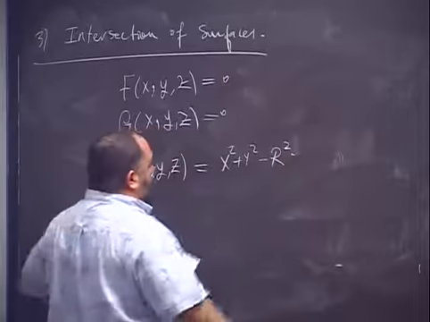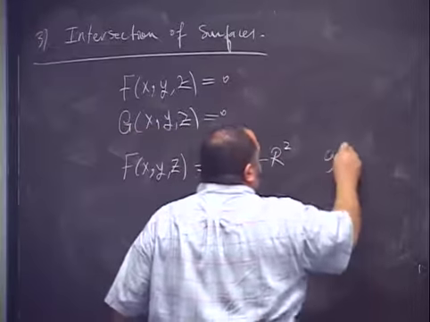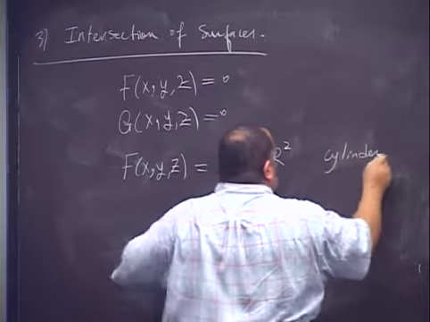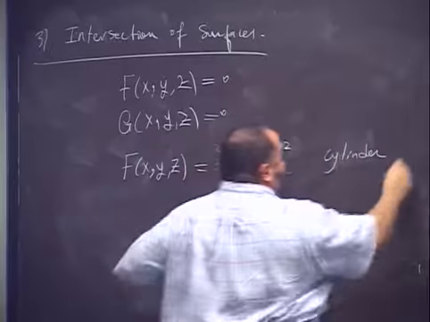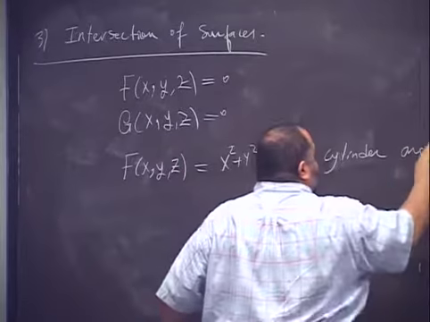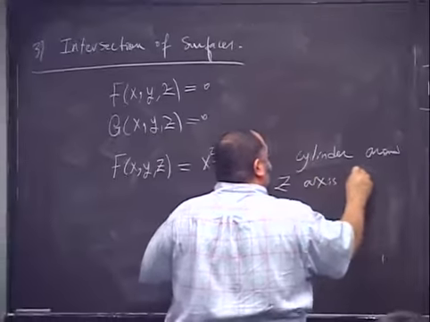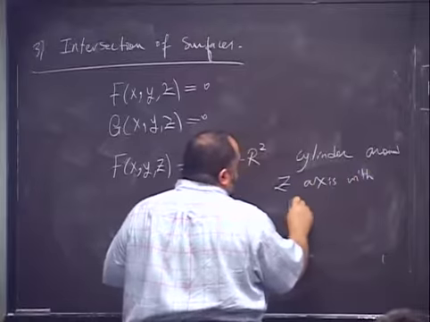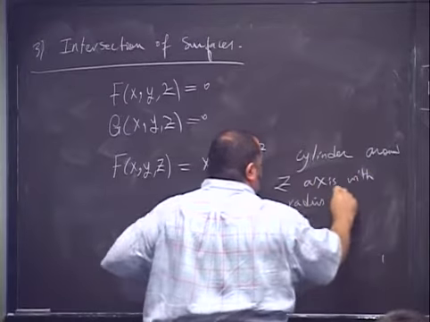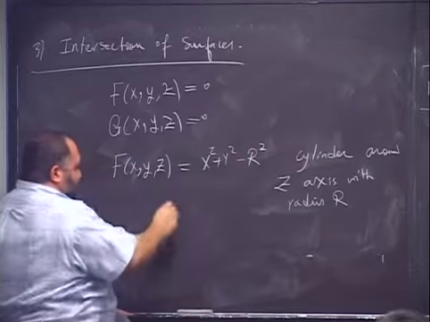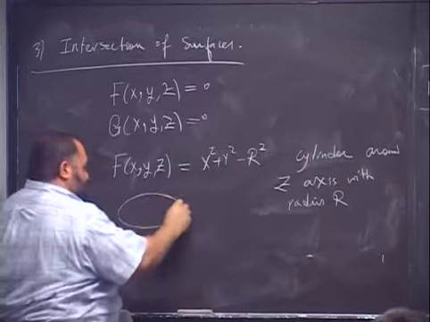So this is just a cylinder around the axis, with the radius r. If we plot this cylinder, we have something like this.